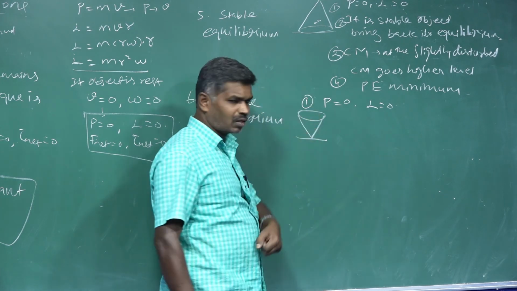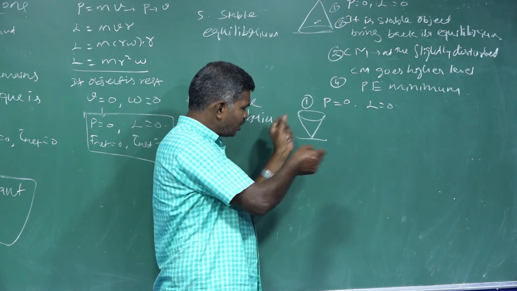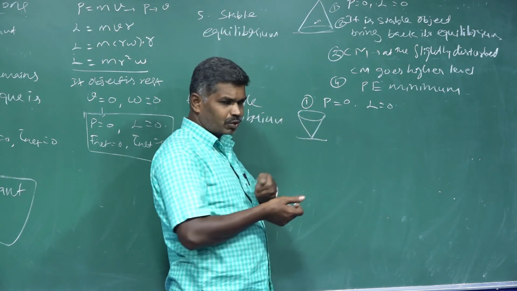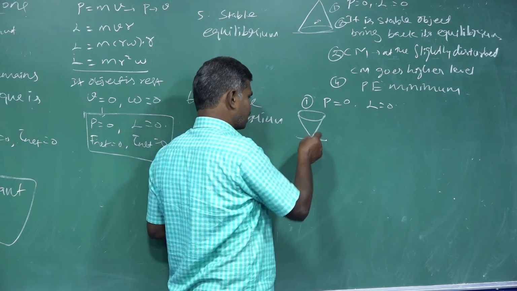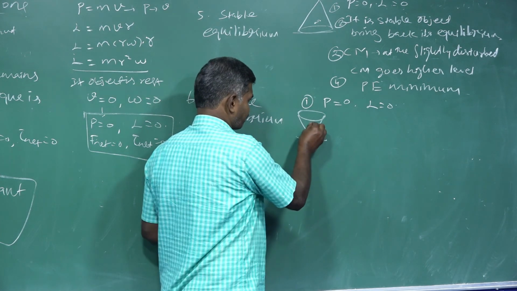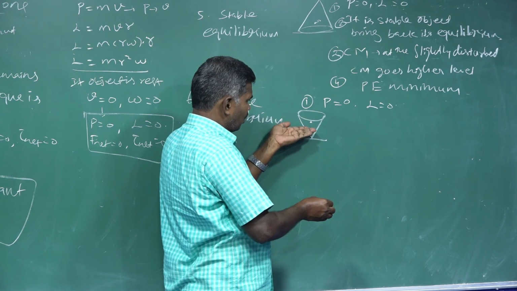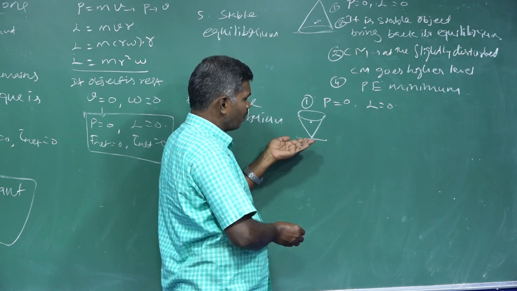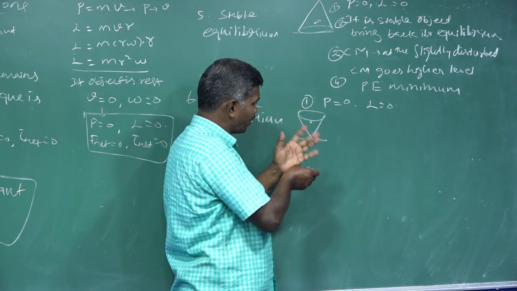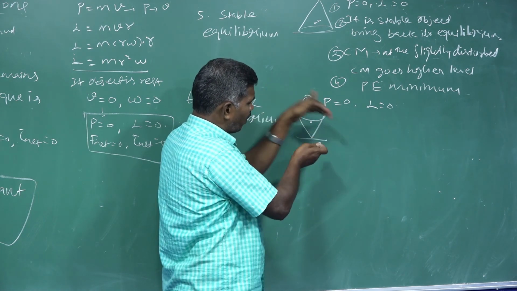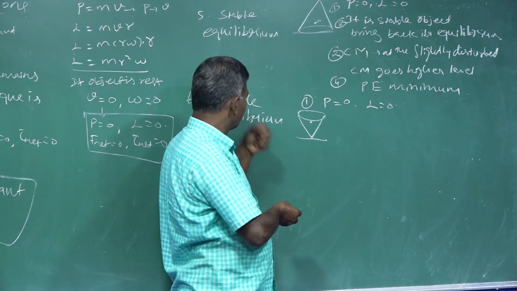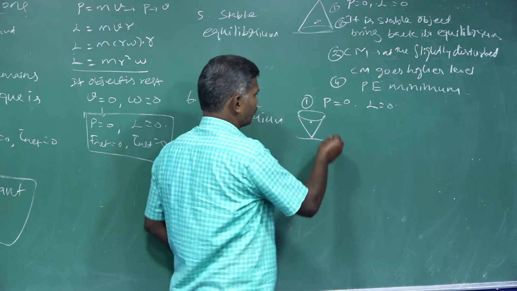If a cone rests on its apex and is slightly disturbed, what may happen? The cone will not return to its initial state. In unstable equilibrium, with the cone placed on its apex, the center of mass is at a higher level. That's why potential energy is not minimum, but somewhat higher. Due to that, if you disturb it, the center of mass goes down and it will not recover. That is unstable equilibrium.